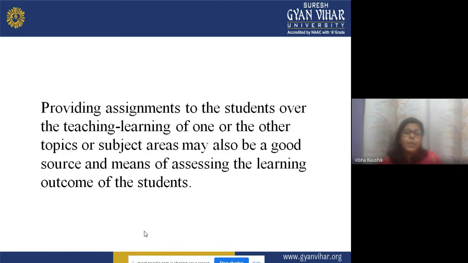When the teacher has completed one or more topics of a subject, giving assignments related to that subject is a good means of assessing the learning outcomes of the students. Means how much they have learned that particular topic.